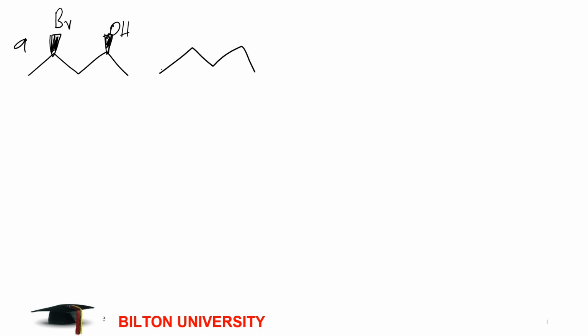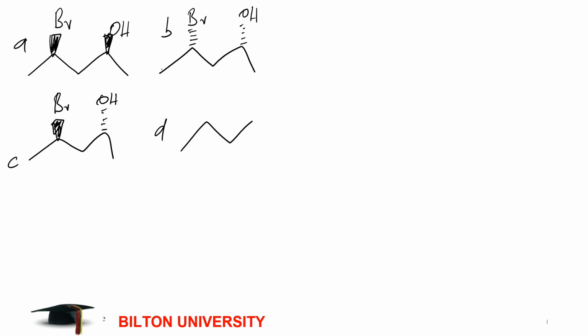So our bromine can now be on the wedge, on the dash, and this one can still be OH on the dash. And then when we look, this is our B, and when we have C, we can still have them. So we can maintain our bromine here on the wedge, and then we put this one on the dash, and then our D here we can put it.